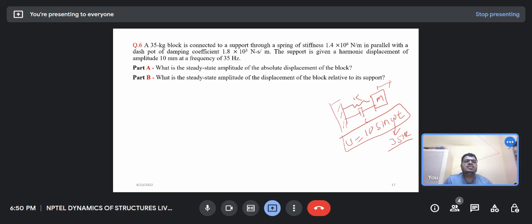So this is again a case of transmissibility, where the motion of the support is given, the response u naught is given as 10 mm, and this is u total, so ut divided by u naught is equal to the transmissibility.